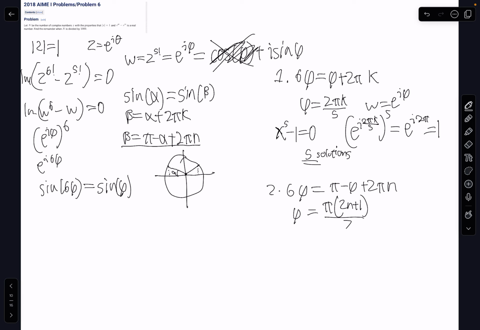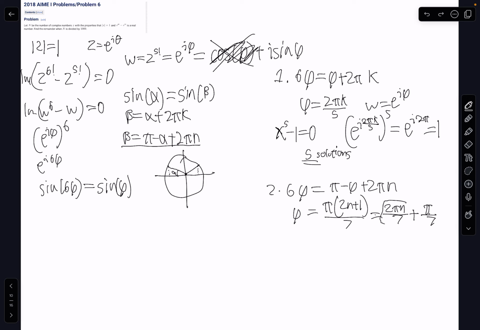Now, how many distinct solutions for phi do we have this way? Well, what we can actually notice is that this is equal to 2 pi n over 7 plus pi over 7, right? And this is important because we're just adding some constant pi over 7 to the angle phi, right? So that's just going to offset the angle.